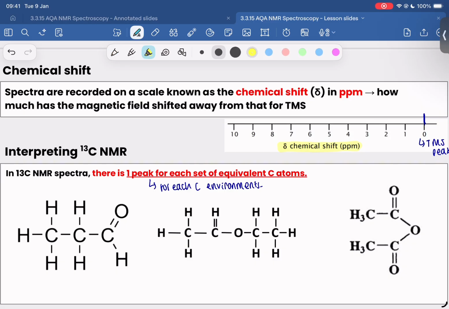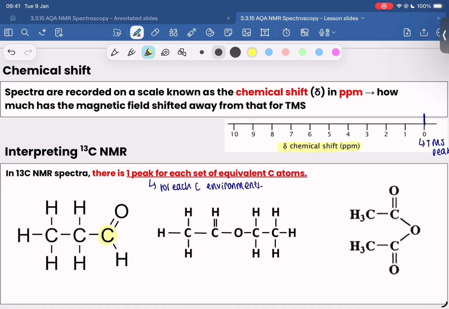I'm going to highlight the different carbon environments with different colors. Hopefully that'll make it easier to visualize. And I'm also going to write them down. So let's look at the compound on the left. This compound is propanol. I'm going to first highlight the first carbon environment that we have here.